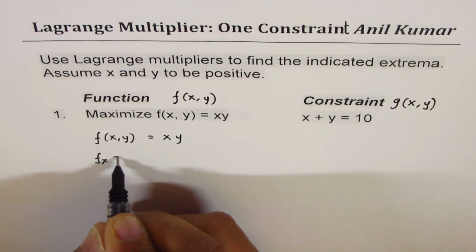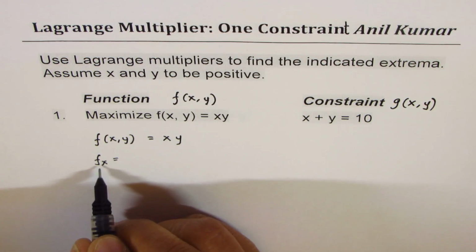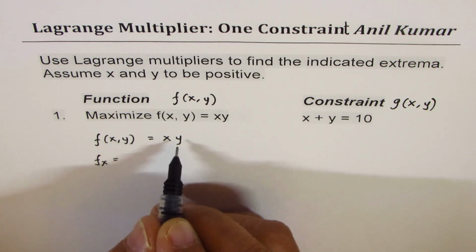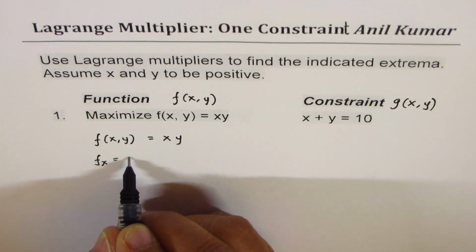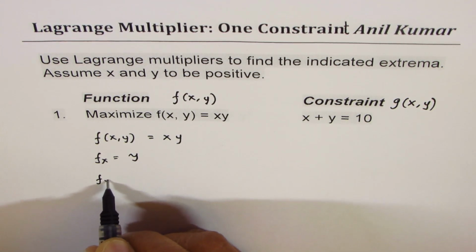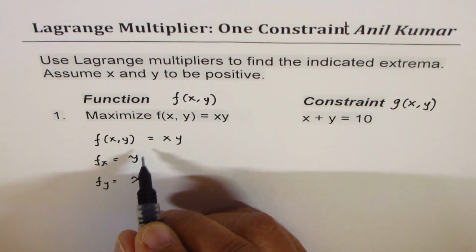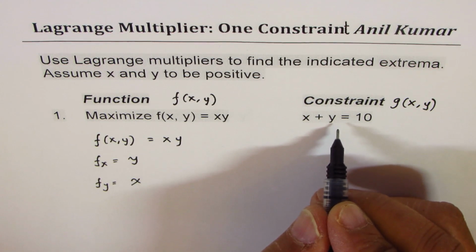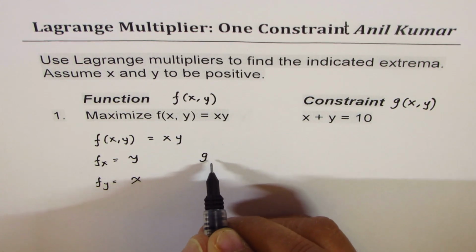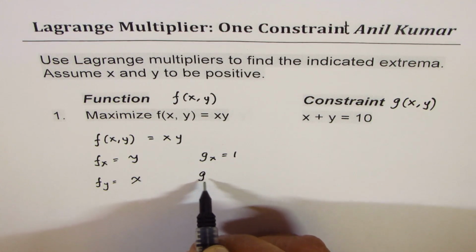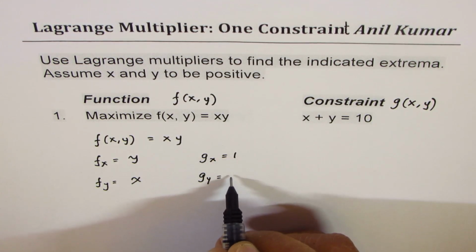That means f of x is the partial derivative of xy with reference to x. So y is treated as a constant, so you get y here. f of y will be equal to x. So this is what we've done for the function. Now for the constraint, g of x will be equal to 1 and g of y is equal to 1.